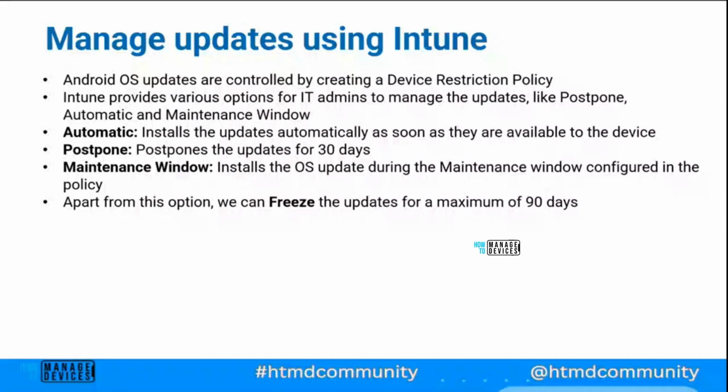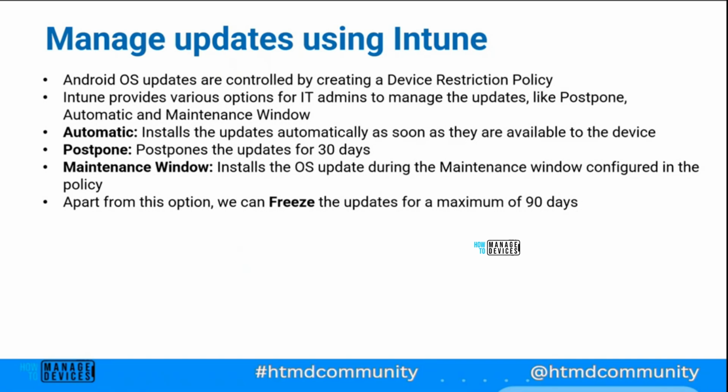We can have multiple freeze periods throughout the year, but the time between two freeze periods should be a minimum of 60 days. So let's say one of the freeze periods ends on the 25th of April.